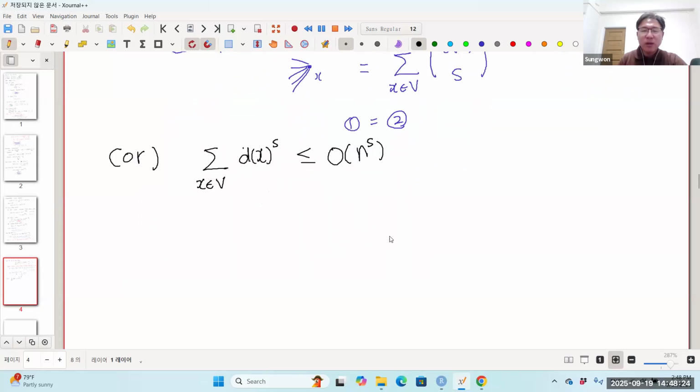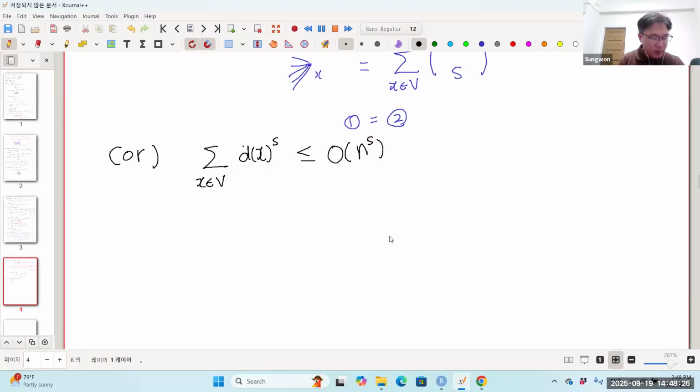And here's a second lemma. I guess the time is running out, so I'm just going to write down the result. Here's a second lemma. The number of P4, the number of paths, is actually bounded by the sum over the vertices of the degree of x to the power of 3.